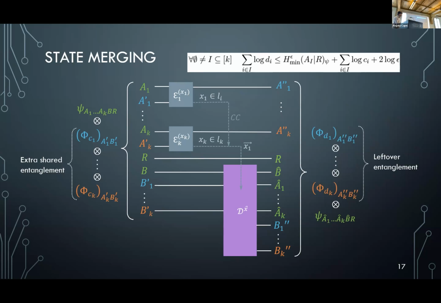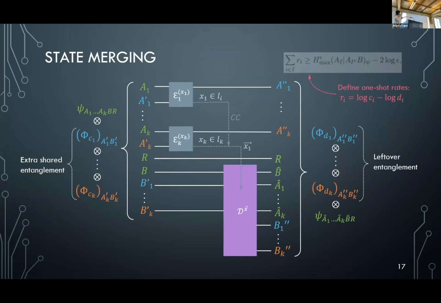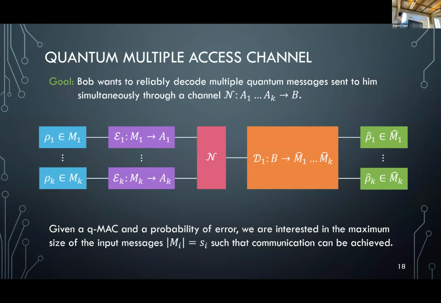But now all this system is carried by Bob. Notice that by defining these one-shot rates as a difference, as I told you before, we can simplify this expression above by this here. And we could also, again, use the asymptotic equipartition theorem to change this smooth max dimension to the continuum dimension. So these are the one-shot, and these would be the IID asymptotic rates.